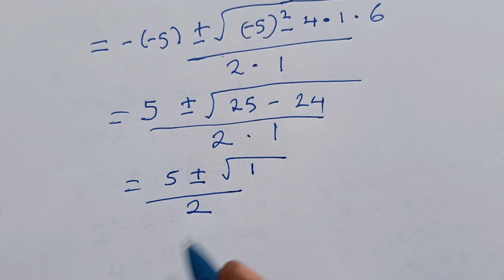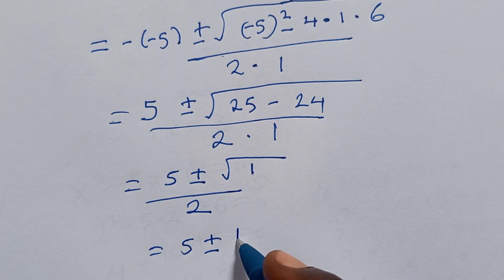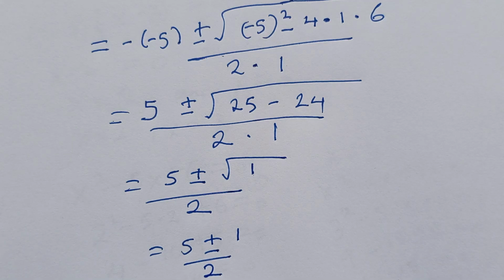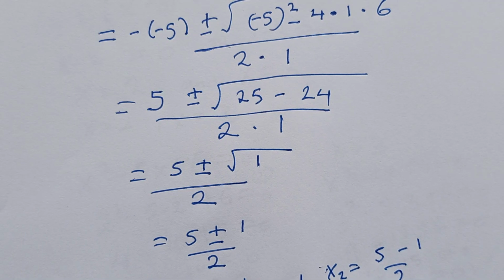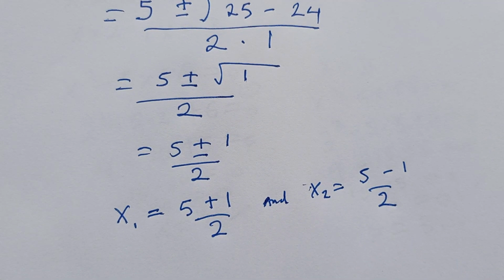Simplifying further, that's 5 plus or negative the root of 1, which is 1, all over 2. So now our x is equal to either 5 plus 1 over 2, that's our x1, and our x2 is going to be 5 minus 1 over 2. So this is what we are going to have.